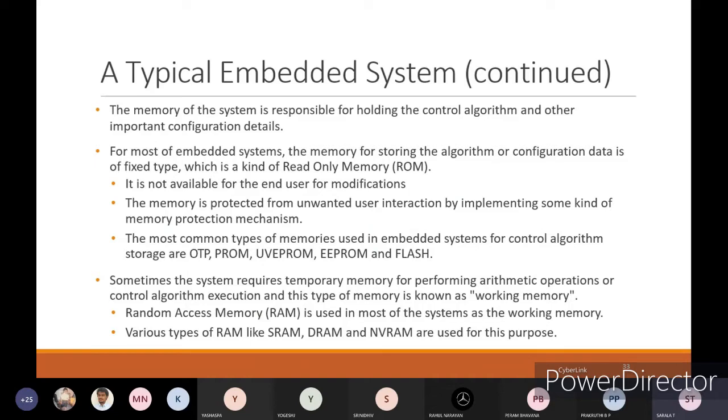For that reason, the memory area is protected from interaction by users, and some protection mechanism is used to protect the memory area.